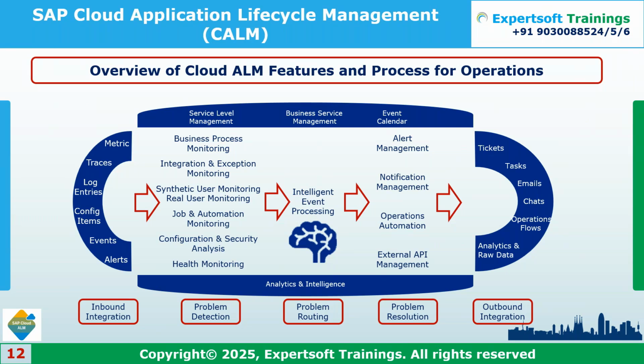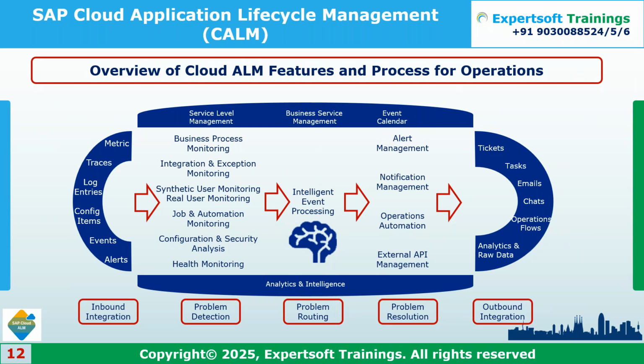In the configuration and security analysis, for each and every landscape, SAP Cloud ALM offers system recommendations, the security concerns the processes have, and the configuration changes, like the custom code analysis that we have in SAP Solution Manager. Similar to that, it offers configuration analysis for all the changes that are going to be deployed or are deployed in the current solutions.